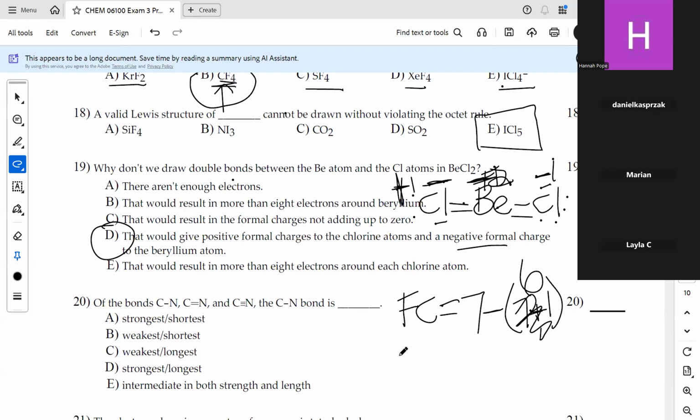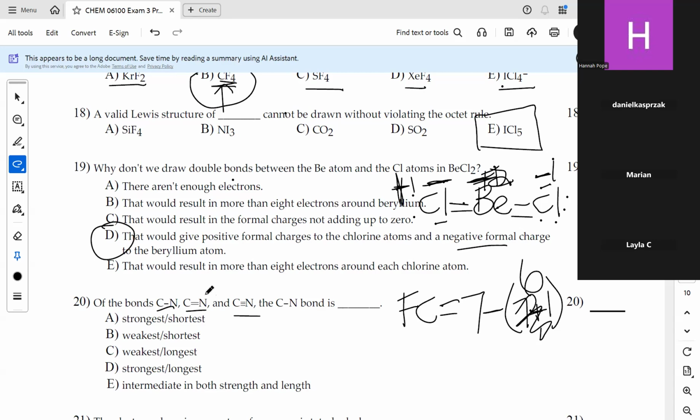All right, let's see here. We're looking at single bond, double bond, triple bond here, all with the same atoms. So we're really just remembering the trend that single bonds are the longest and the weakest.